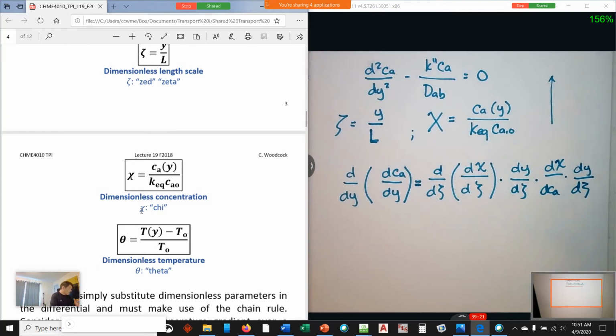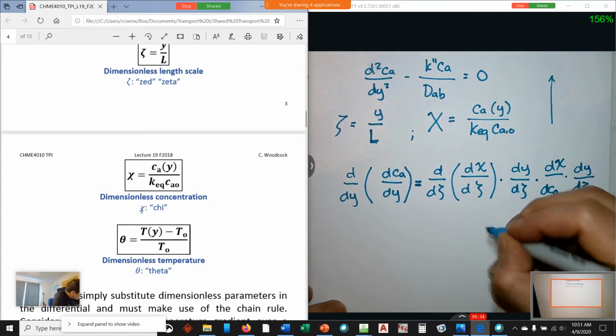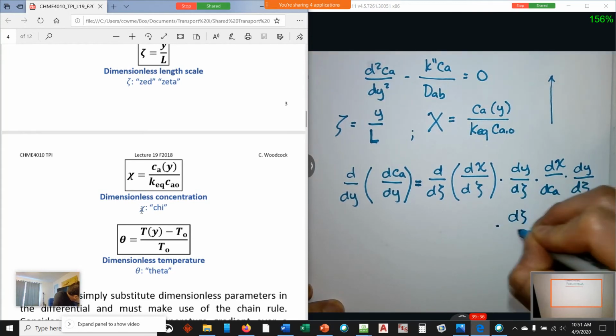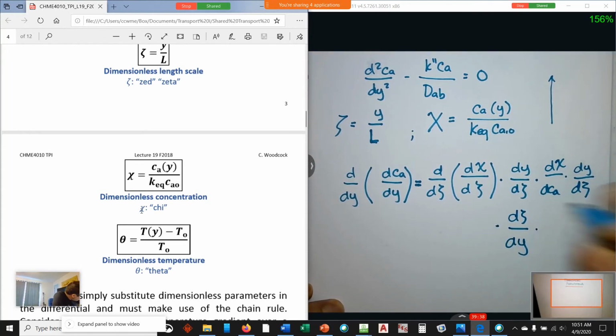My mental check is going to be this. If I go through this half of the equation, oops, I did this completely backwards. So what I would like to do is d zeta dy, dCA d chi, d zeta dy.